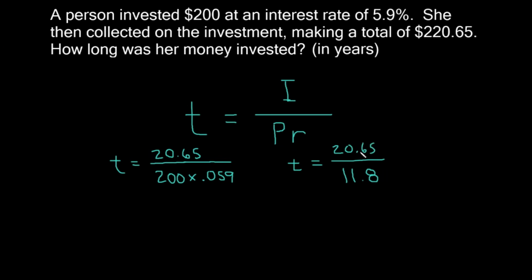And now all we have to do is 20.65 divided by 11.8. And our answer, I'm just going to put it over here, is 1.75. And this is time. So this would be 1.75 years. And that is our answer.